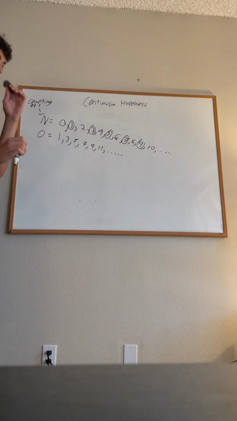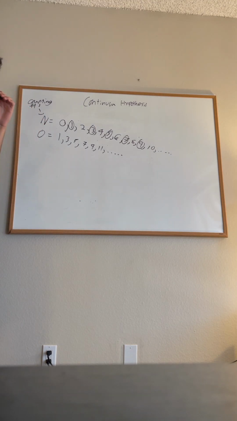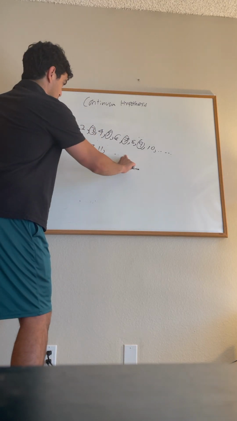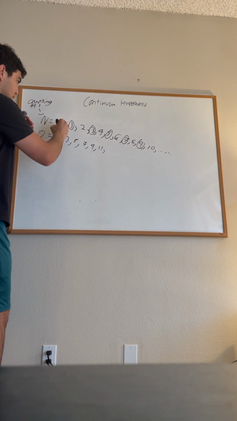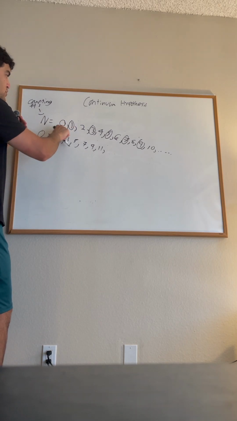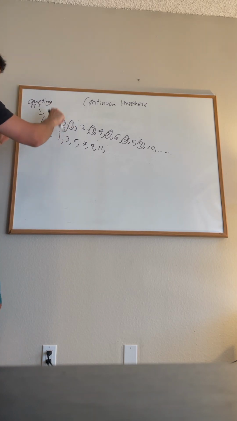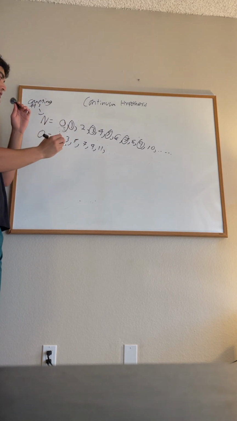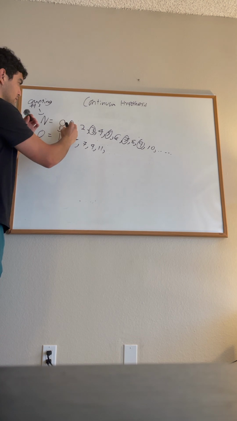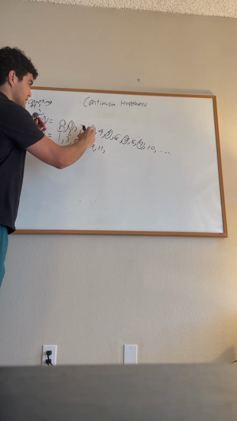we want to see if we can construct a one-to-one mapping between these two sets. And just visualizing it here, we can map from our natural number set 0 to 1, 1 to 3, 2 to 5, 3 to 7, right? It doesn't matter which way the arrow is pointing, because it's a one-to-one mapping.